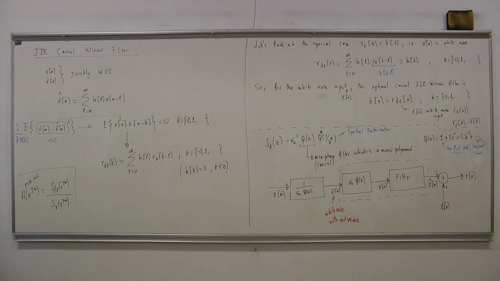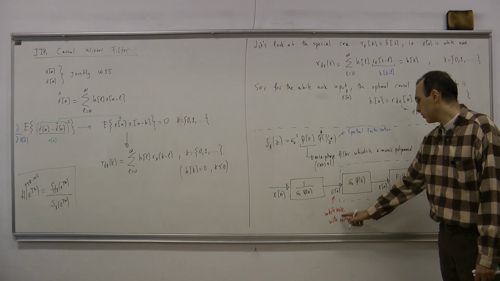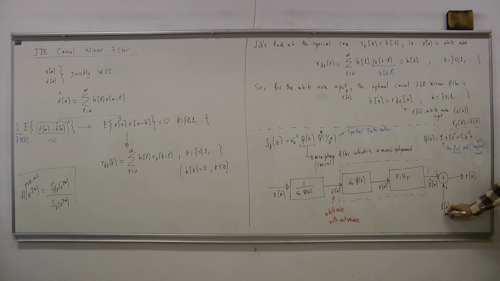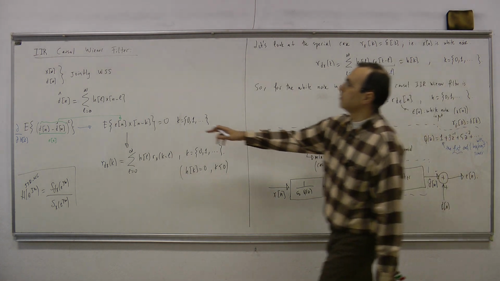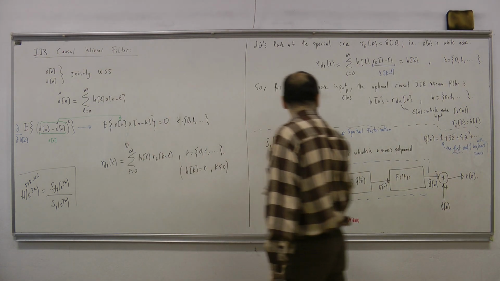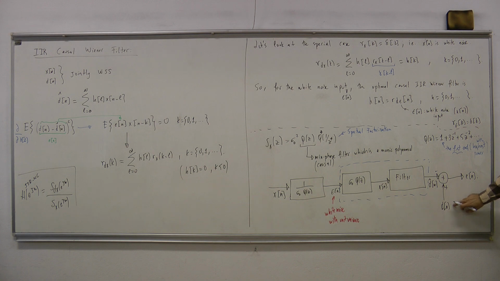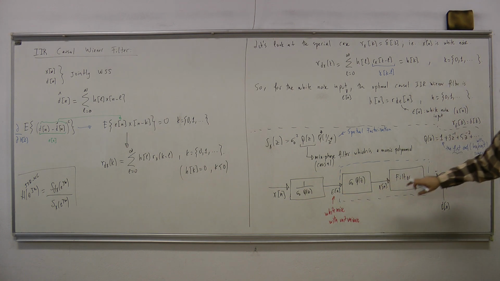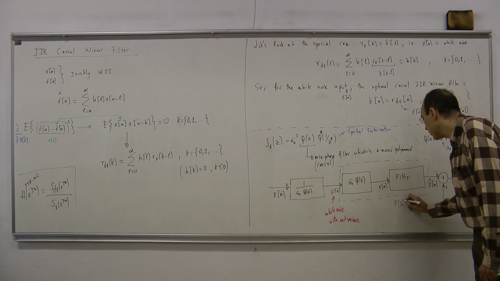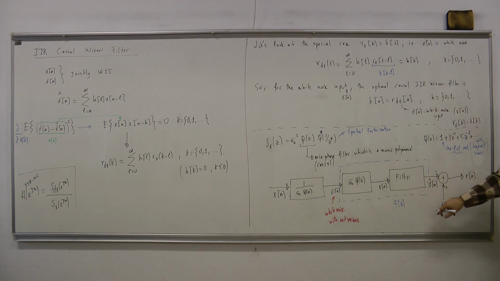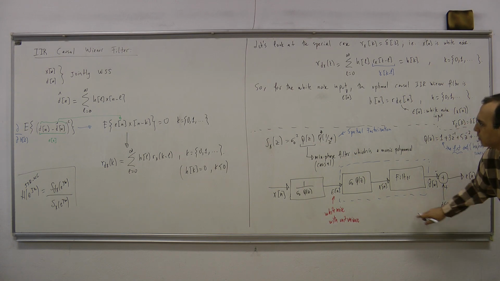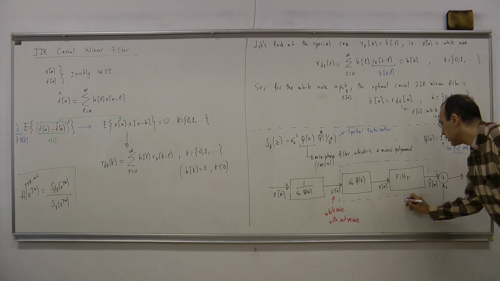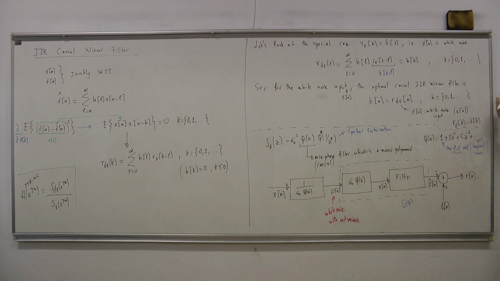Okay, so if I have white noise input, if I know this D, what is the optimal filter, meaning the IIR causal Wiener filter, for the estimation of D from this white noise? Actually, it is this one. Let me call this filter G of C, because I need f somewhere else.